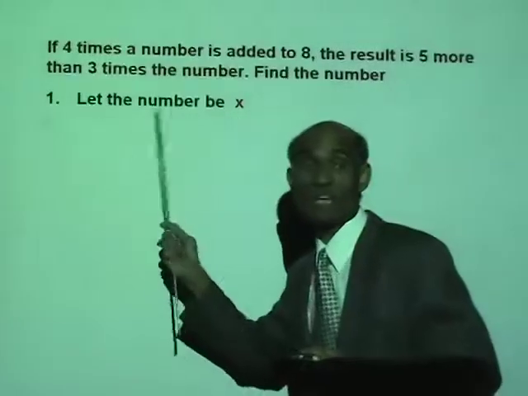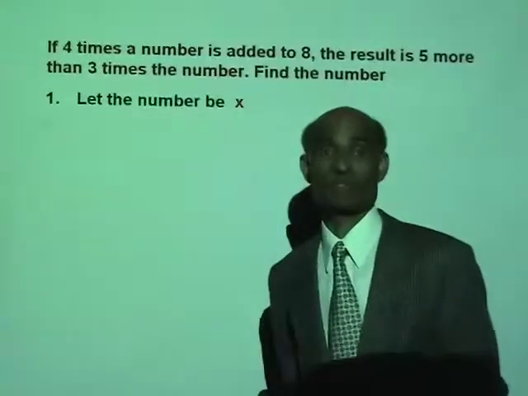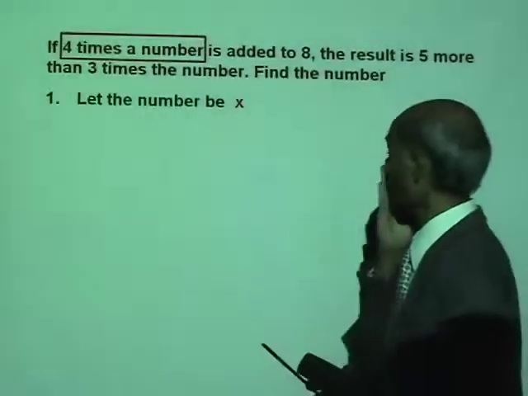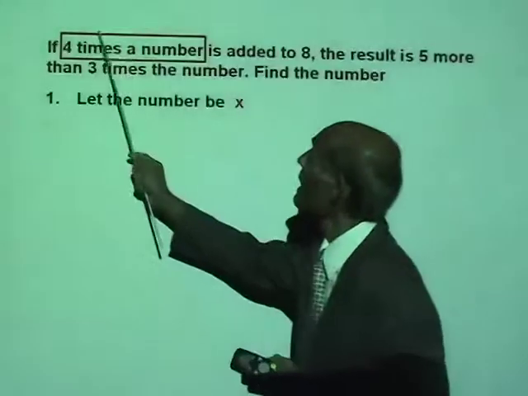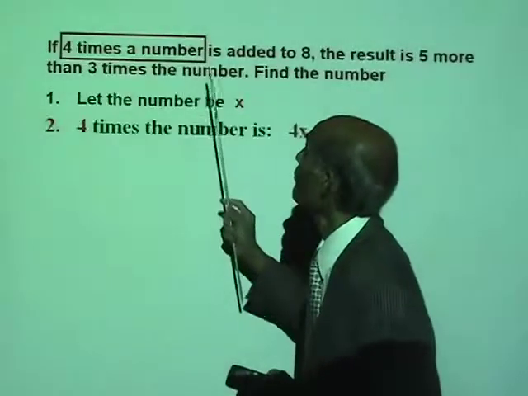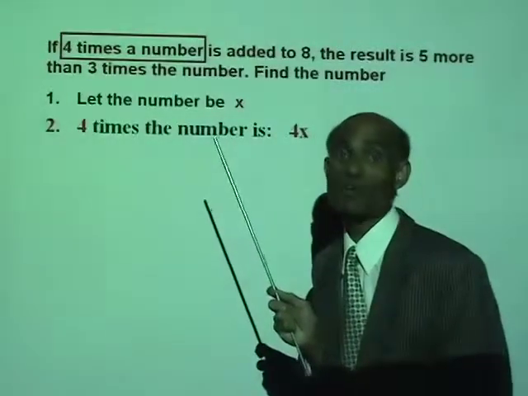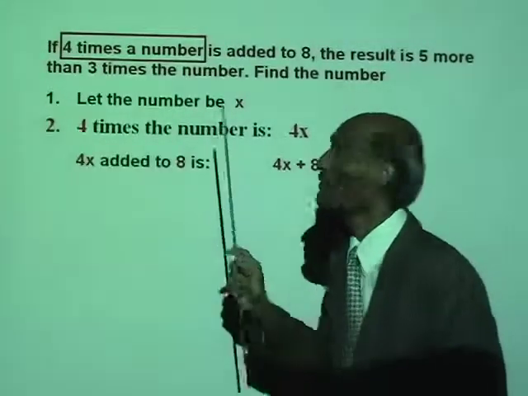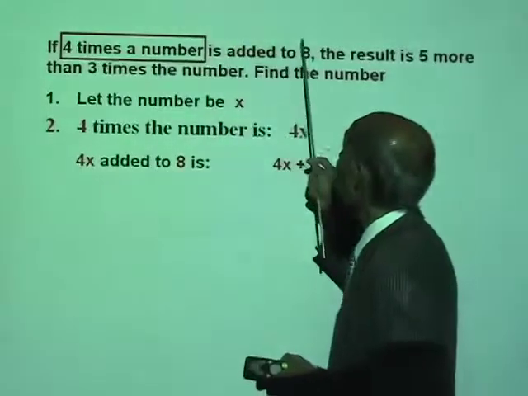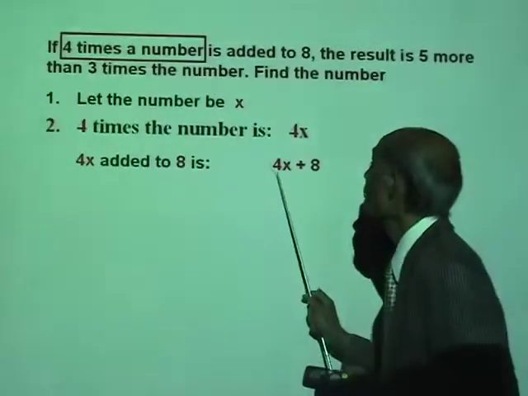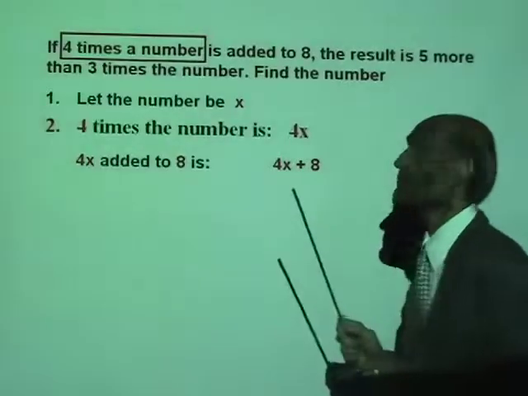Let's start by saying let the number be x. And now, what is 4 times a number? 4 times a number is 4x. And what do you do to that 4x? 4x is added to 8, gives you 4x plus 8.